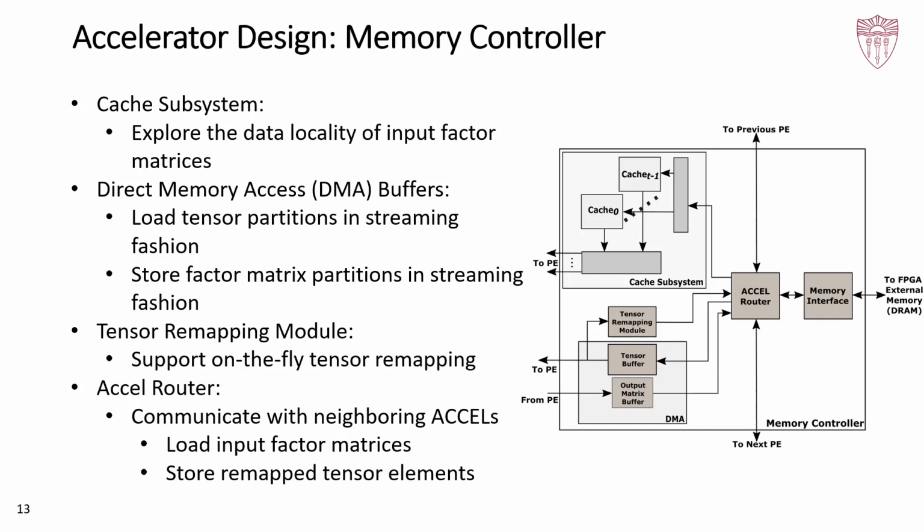Also, we have a tensor remapping module to support the on-the-fly remapping. And we have an accelerator to communicate with neighboring axles, so it loads input factor matrices and stores remapped tensor elements, as I discussed before.